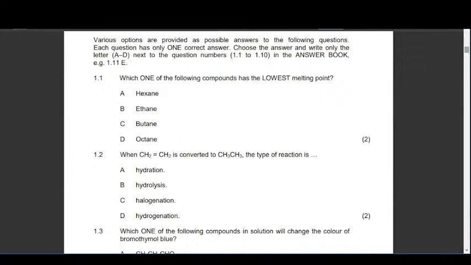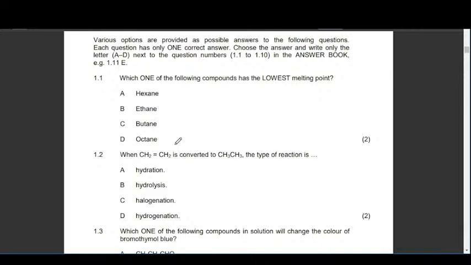All right, let's start with question 1. They're saying, which one of the following has the lowest boiling point? If you look at this, all of them are straight chains, and they have the same functional group, the same homologous series. Therefore, what is different is the number of carbon atoms.